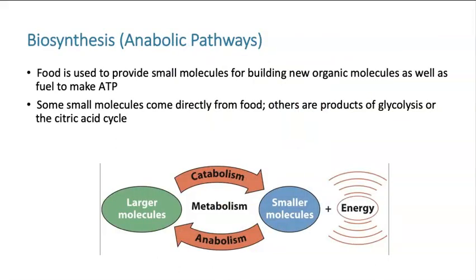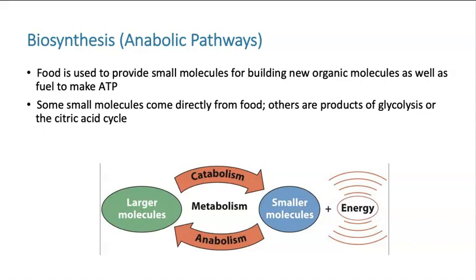Now let's think about how our bodies can use these same processes to build molecules, and those are anabolic pathways. Food is used to provide small molecules that are broken down, but then those small molecules are going to be used to build up something else.